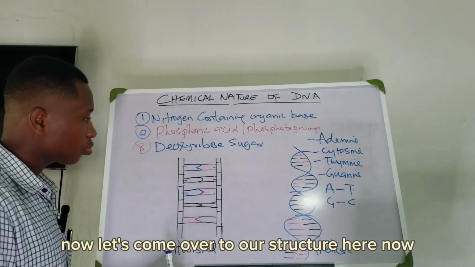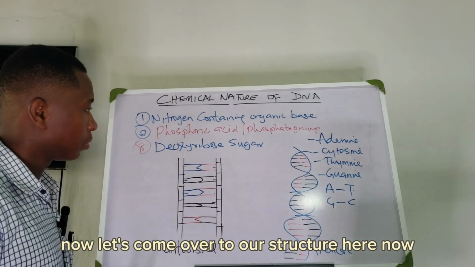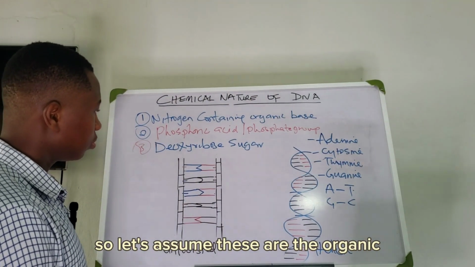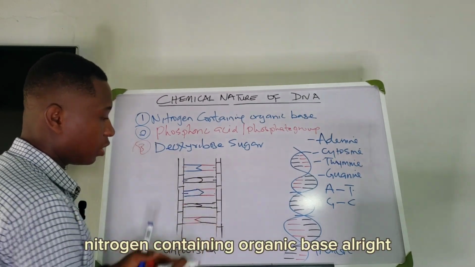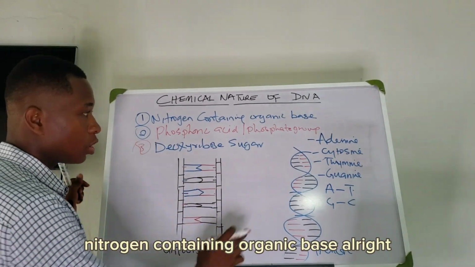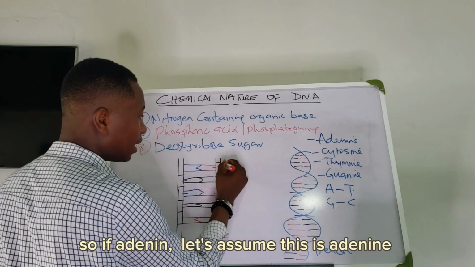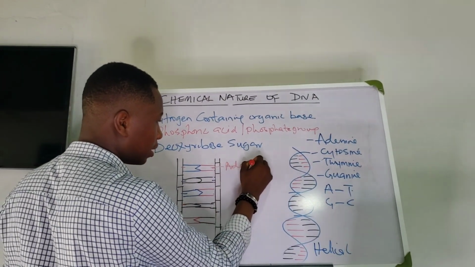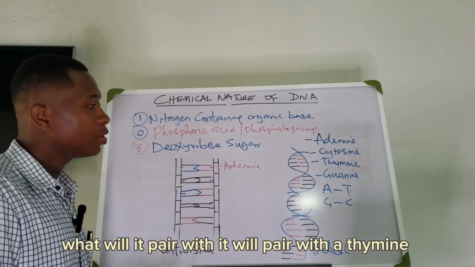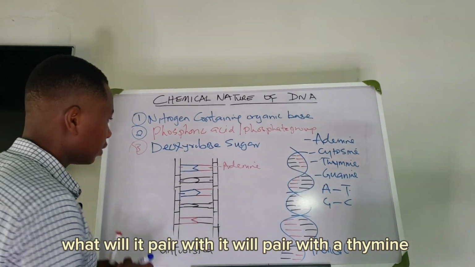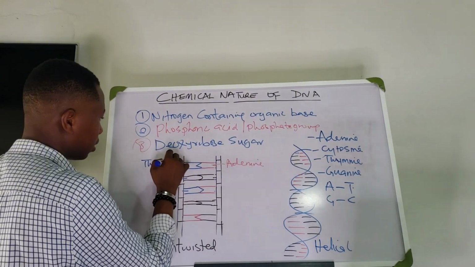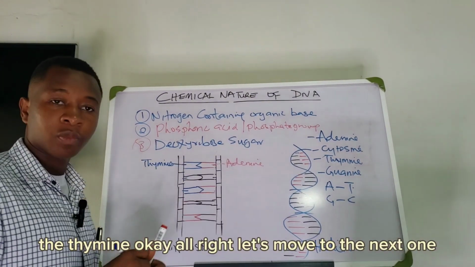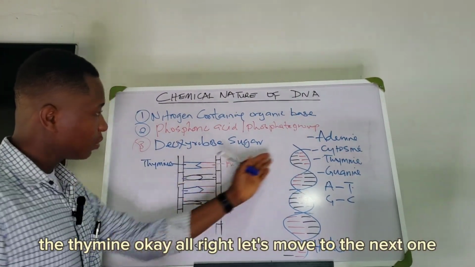Now, let's come over to our structure here. So let's assume these are the nitrogen-containing organic bases. All right. So if adenine, let's assume this is adenine, what will it pair with? It will pair with a thymine. So this should be a thymine. Okay. All right, let's move to the next one.